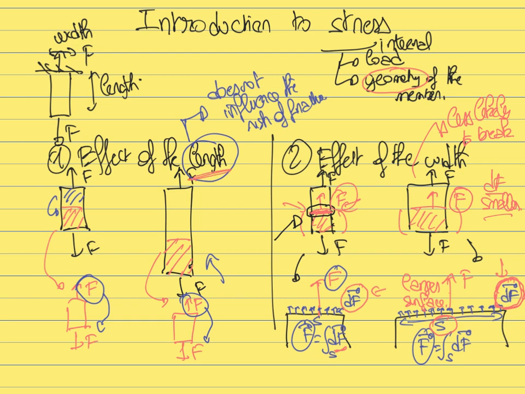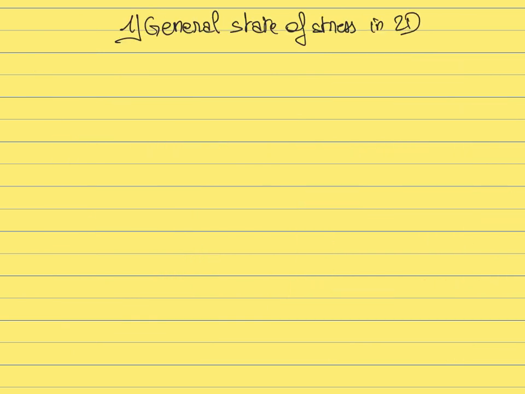That's what we saw here, but the width matters. The surface over which the load is transmitted matters, and that's what the stress is going to be capturing. It's going to be capturing the load and also the effect of the surface over which the load is applied. So now let's see a more formal definition of stress.